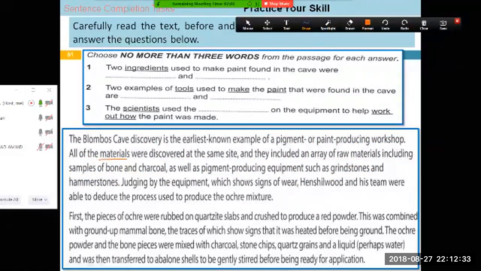Two things. First was an array of raw materials, and the next word, including, is about what these raw materials included. And the second thing, as well as pigment producing equipment. If this point is not clear to you, you can ask me again and again. This is very important because you may lose 2 or 3 marks because of such tricky questions.